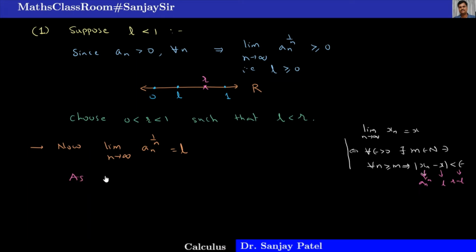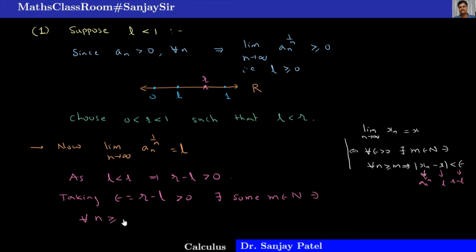As we have L is less than r, implies r minus L is greater than 0. So taking epsilon is equal to r minus L greater than 0, by definition of limit of a sequence, there exists some positive integer m such that for every n greater than or equal to m implies mod of an raised to 1 upon n minus L is less than epsilon.